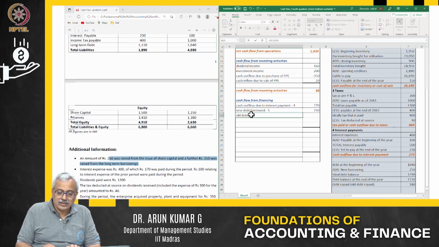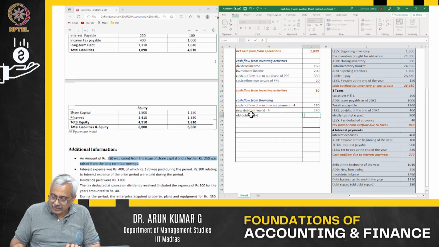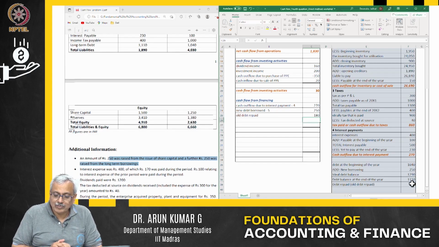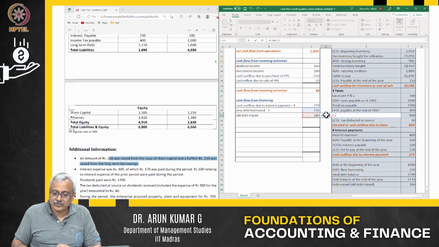When you repay old debt, there is a cash outflow, and the debt repaid is 180. 250 minus 180 is $70, what we see.